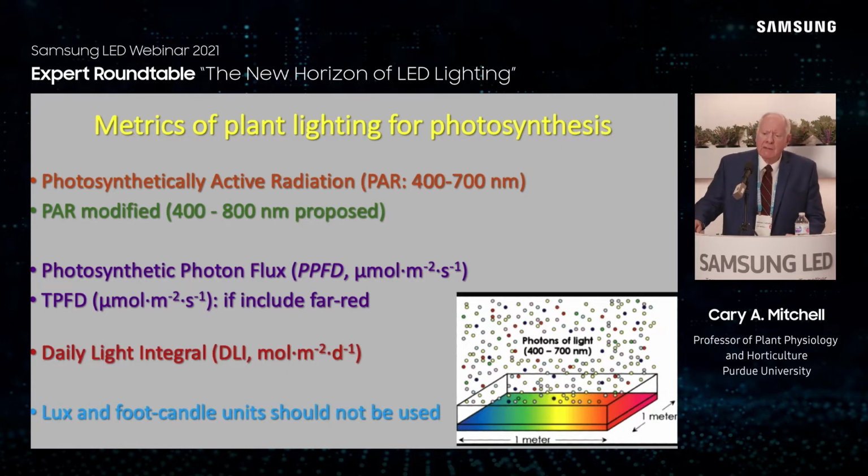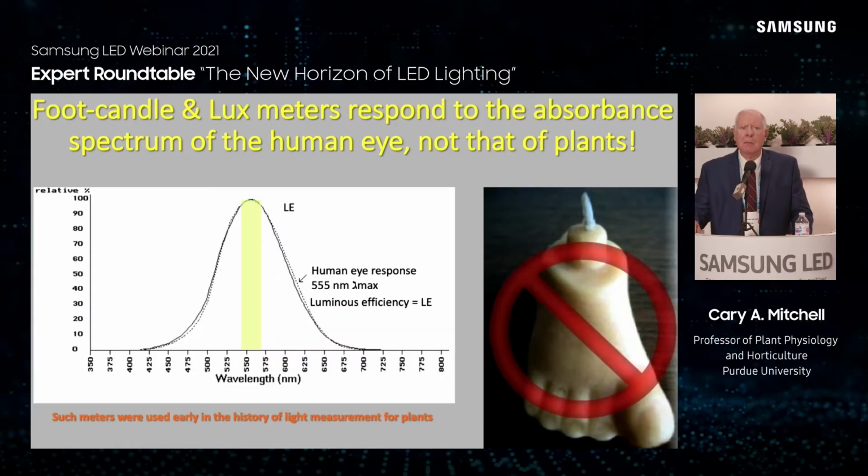And even though we humans see green light and it's measured in foot candles or lux, we don't recommend that at all for plants, because the human eye responds maximally in the middle of the green, 555 nanometers, and that's not the best for plants. There would be huge errors.